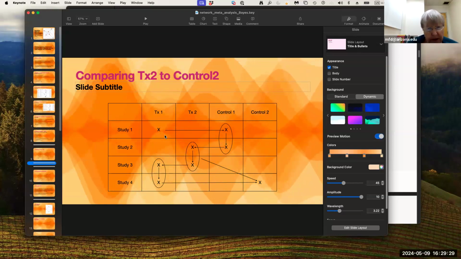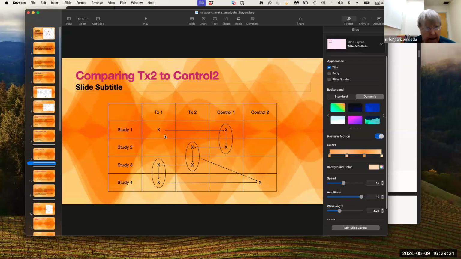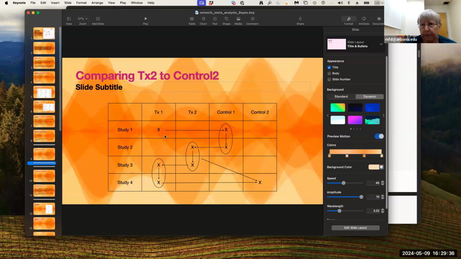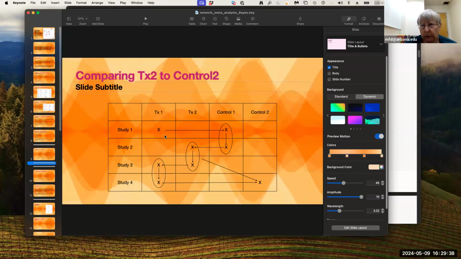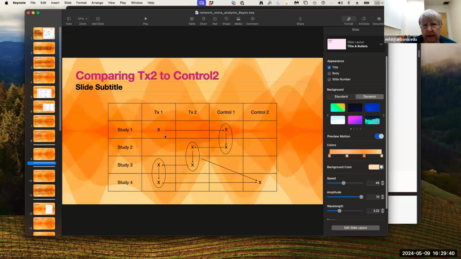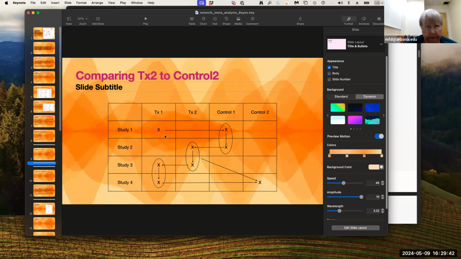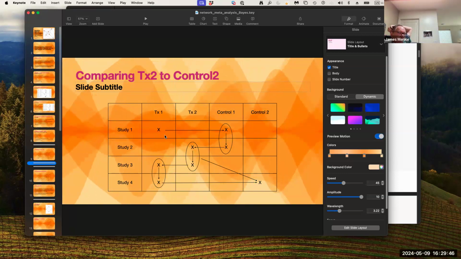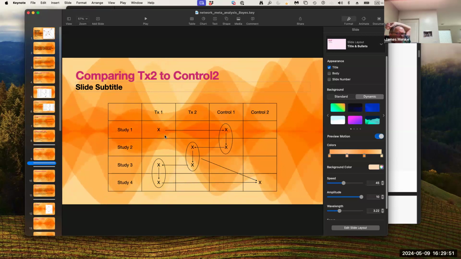The way you've got the arrows going, are study 3 and study 4, do they use the same control group with 2 arms of treatment? I don't know what the top arrow really shouldn't be there, I guess.